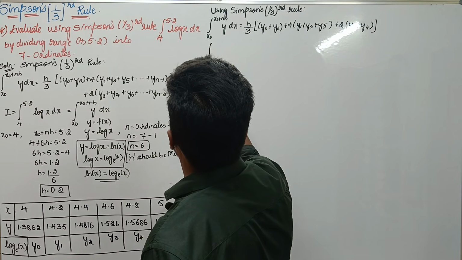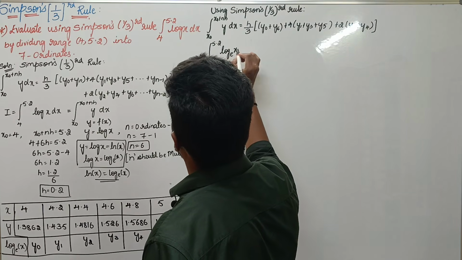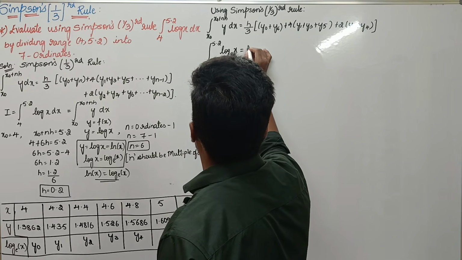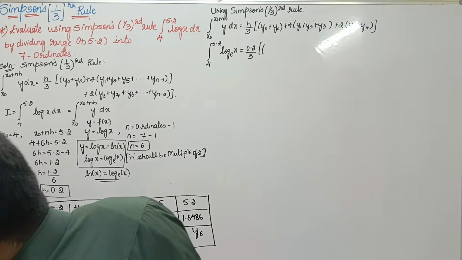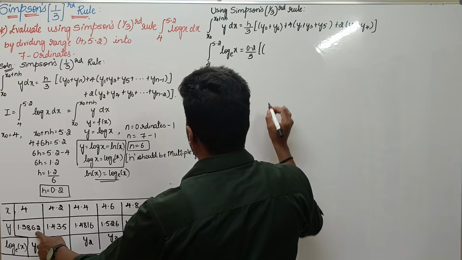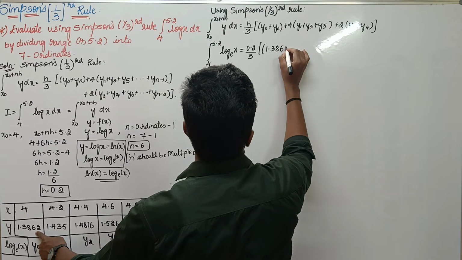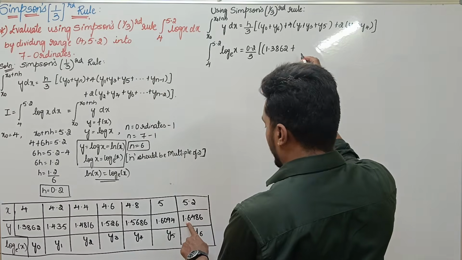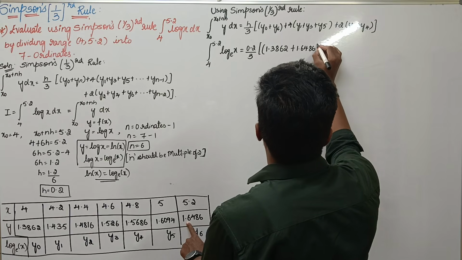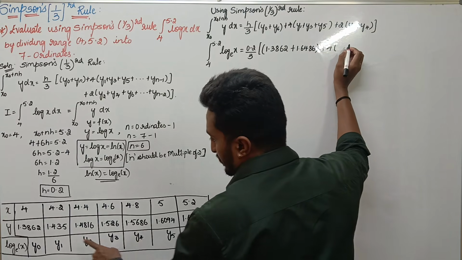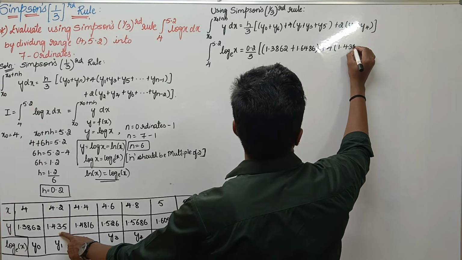Then integral 4 to 5.2 of log x, log base e of x, or ln x, is equal to, what is h? I have 0.2 divided by 3 into, what is y0? Please be careful while representing the values. Y0 is 1.3862 plus y6, I have 1.6486, plus 4 into y1. What is y1? 1.435.